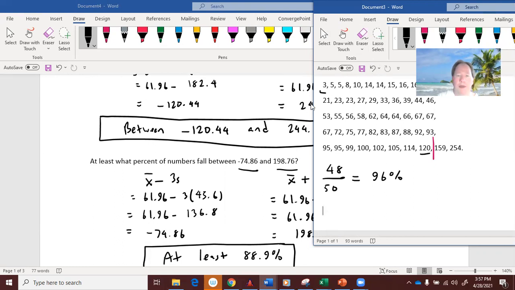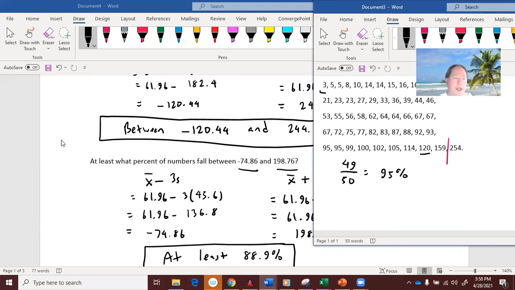Okay, then we want to stop at 198.76, and that means this time we'll include that 159, which is the number of counties of California. Okay, so this means we're dealing with 49 out of the 50 numbers, and that's going to be 95%. And is 95% at least 88.9%? It sure is. So that verifies that to be true.